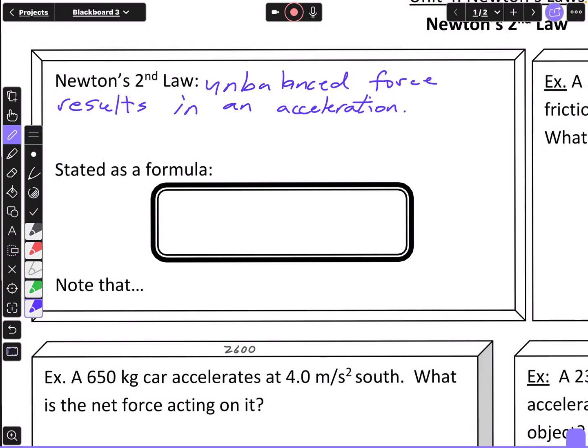And also, if something moves at constant velocity, that means that there is zero acceleration.